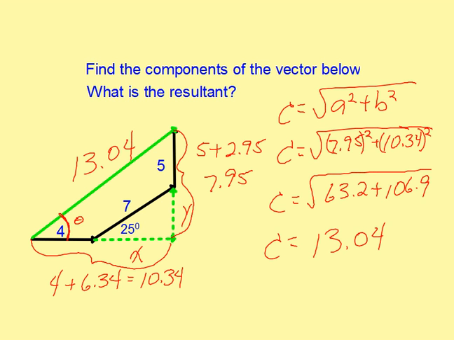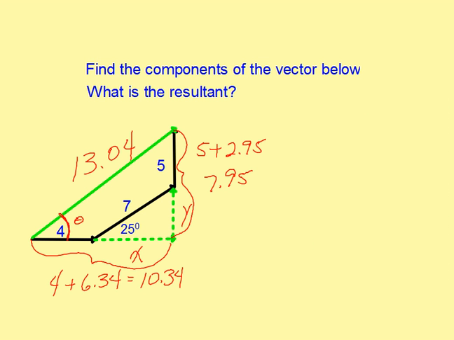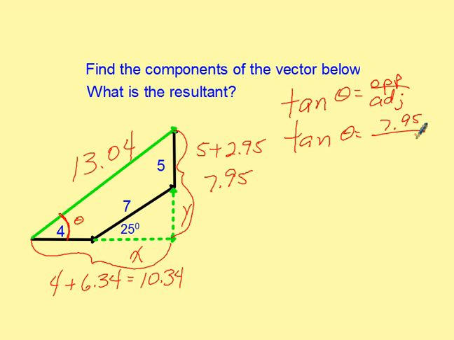This is not too bad. What would the angle there be? Tangent theta is opposite over adjacent. So tangent theta is going to be equal to 7.95 divided by 10.34.